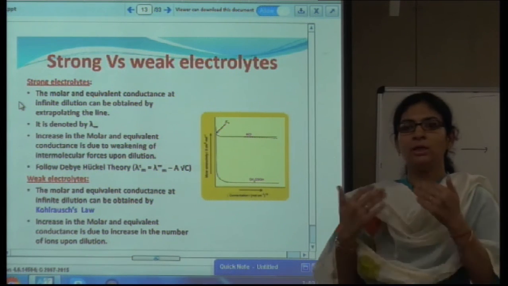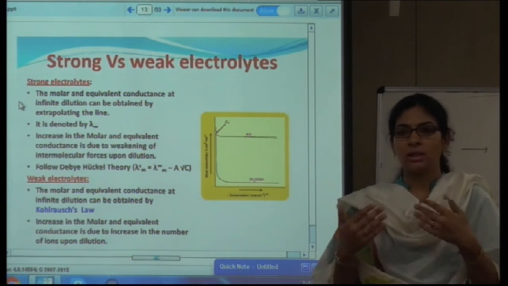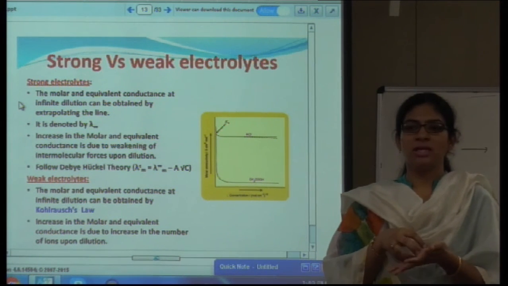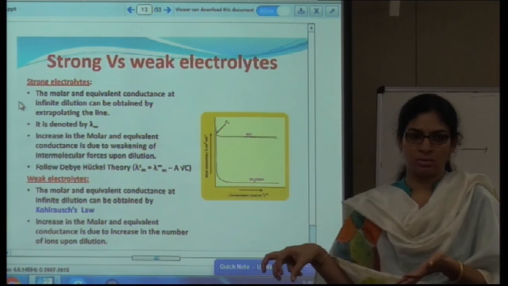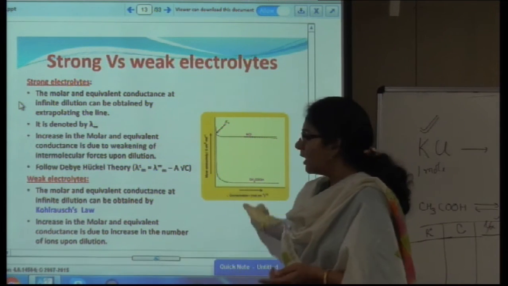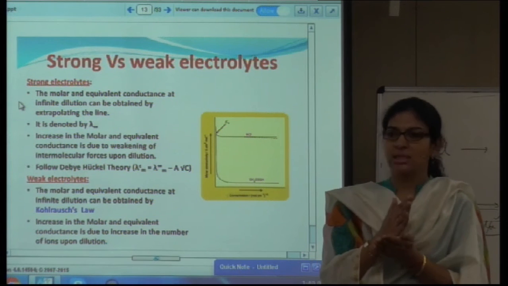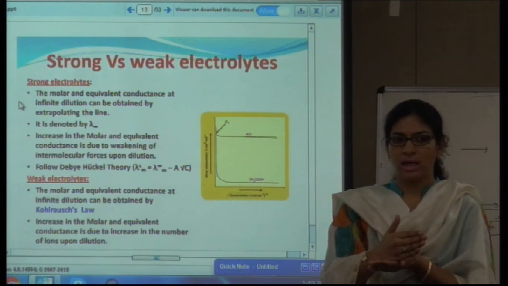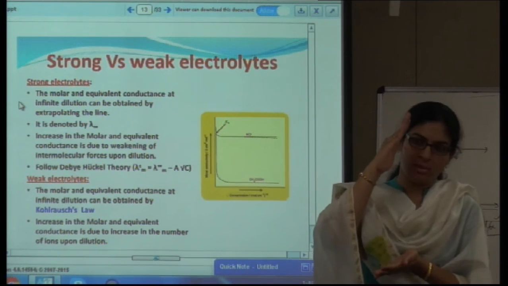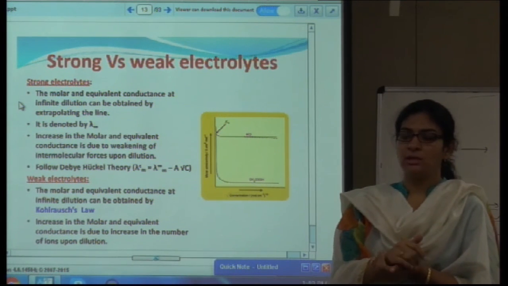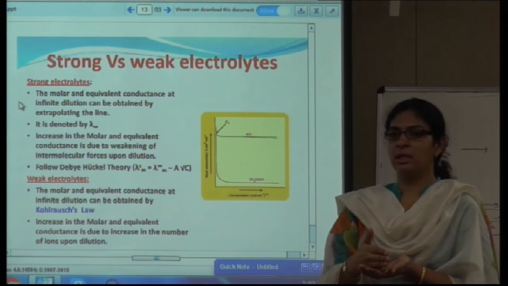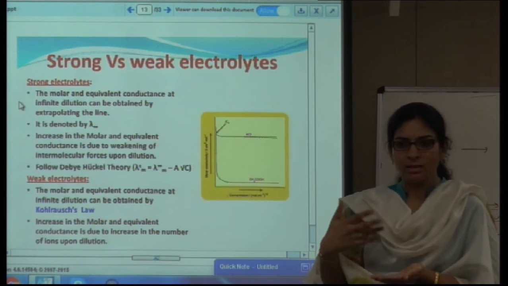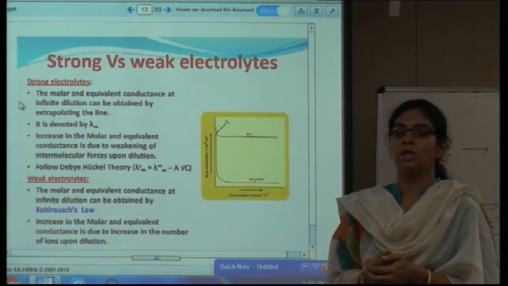Now you can even dilute it further, you may increase the degree of dissociation, and finally you expect that at 0 concentration, meaning final dilution, you should get the maximum value of lambda, that is called lambda m infinity, right? But you are going to get it only at infinity. So therefore for weak electrolytes, the reason is that on increasing the dilution, more and more number of ions are produced in the solution because dissociation is more.